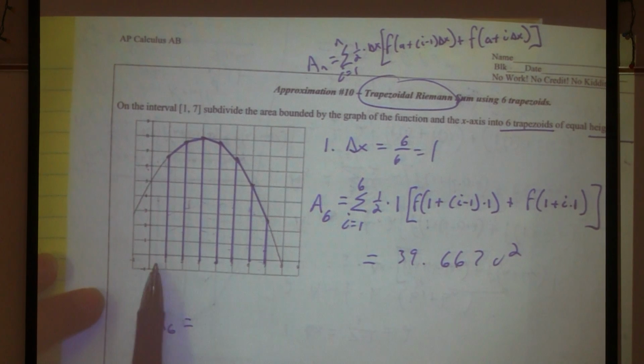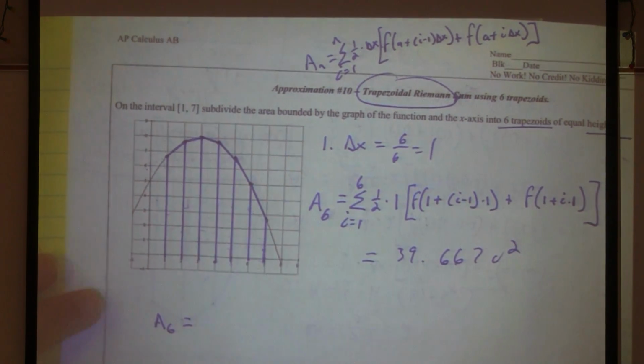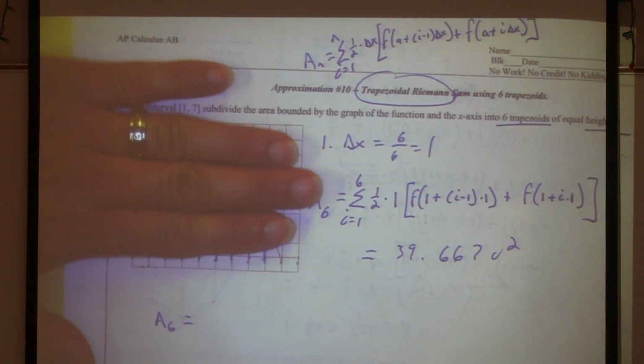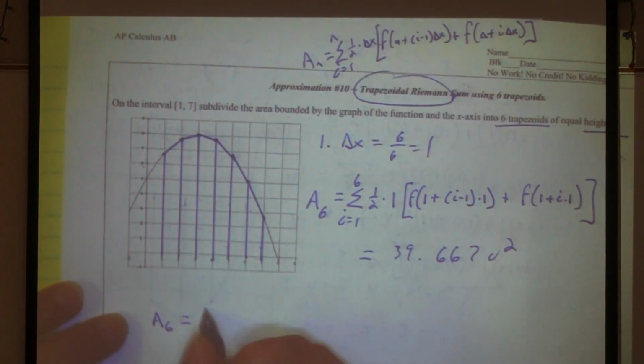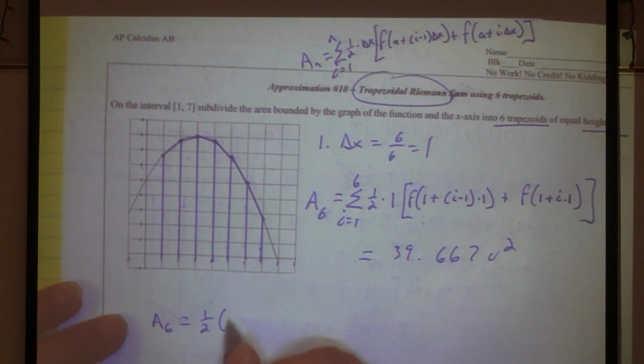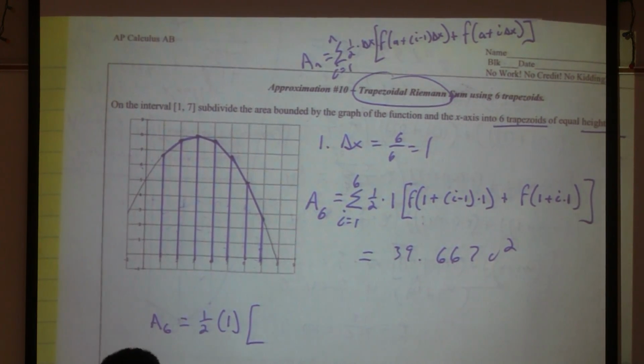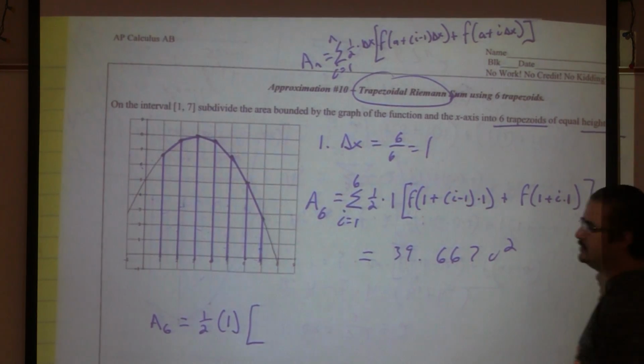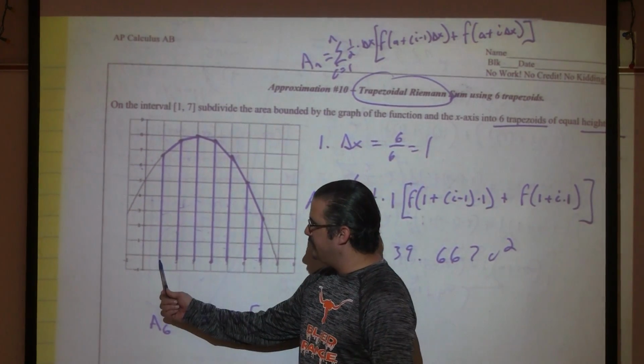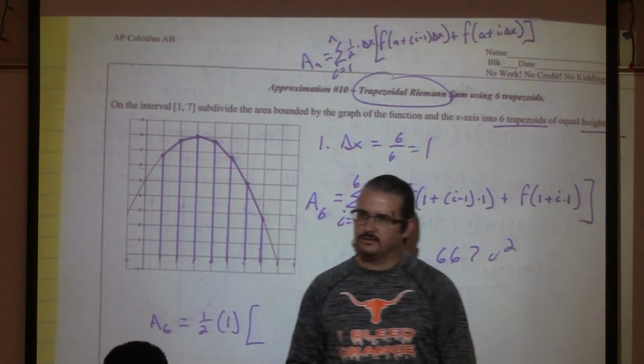But we're going to do it using the graph. Okay? Using those values right there, right? So we know that it's going to be 1/2 times what? 1 times. How many times are we going to use the 1? Once.